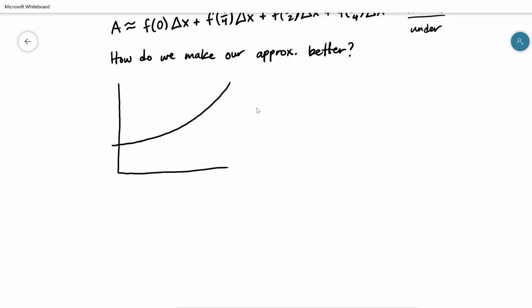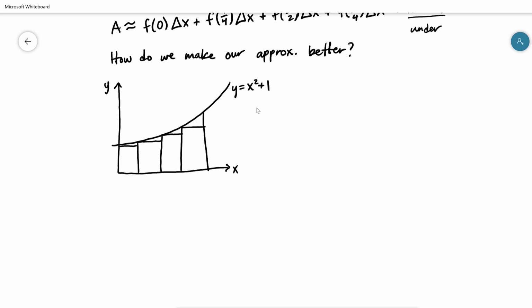Here's our shape. y equals x squared plus 1. Here's our shape. This approximation that we just did, let's, for the sake of argument, do left endpoints. So we're doing the underestimates of all of them. We just saw that that gives us an okay approximation, but what would be better?